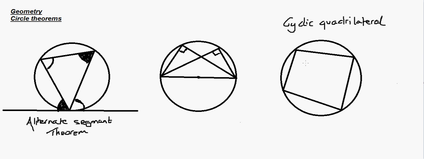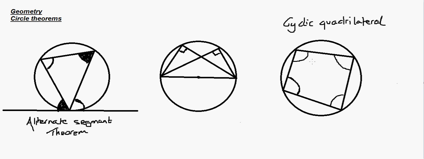Okay, so if all four vertices are touching the circle, then it's a cyclic quadrilateral, and this rule only applies to cyclic quadrilaterals. If it is a cyclic quadrilateral, then opposing angles always add up to 180 degrees. You remember I said to you, any quadrilateral has four sides, so the inside angles, this plus this plus this plus this, will add up to 360 degrees.